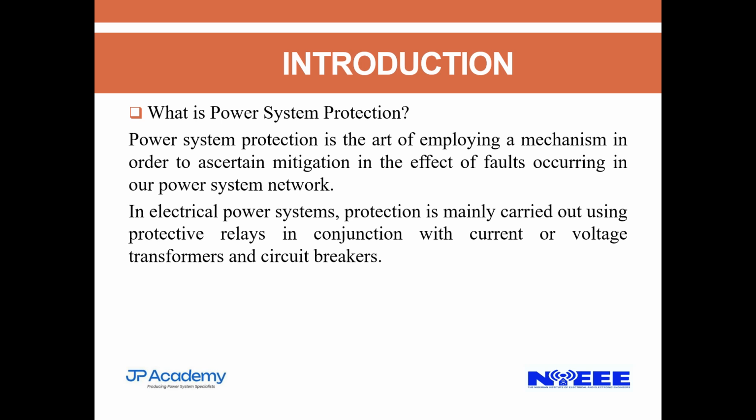By that I mean our current transformer steps up or steps down current, and the voltage transformer steps down voltage. And circuit breakers are our switchgears, such as SF6 circuit breakers, air circuit breakers, miniature circuit breakers, all of that. So we are going to be using our protective relays in conjunction with our measuring instruments, which are our current or voltage transformer, and our circuit breaker.